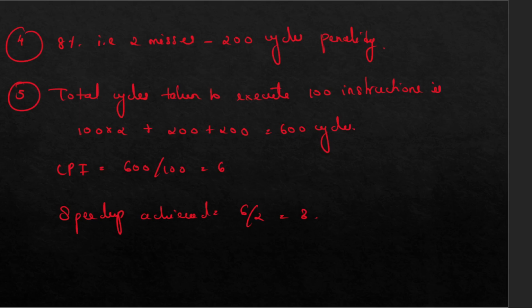Everyone got it? So the CPI with a perfect cache is 2. Any doubt? I hope there is no doubt. Let's see the next question now.